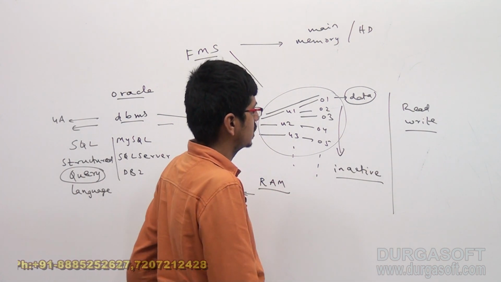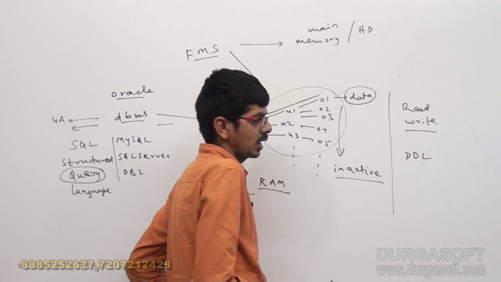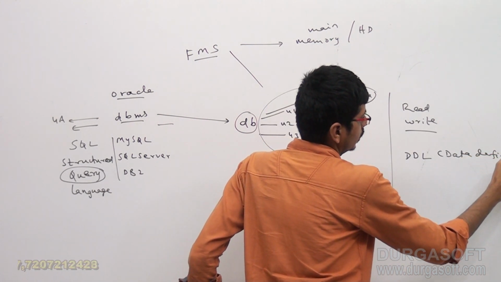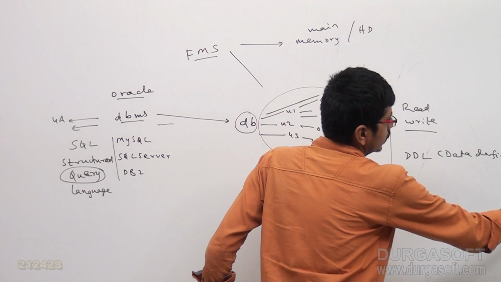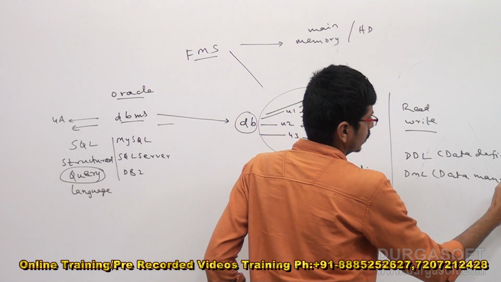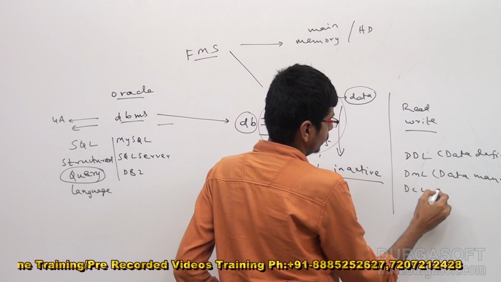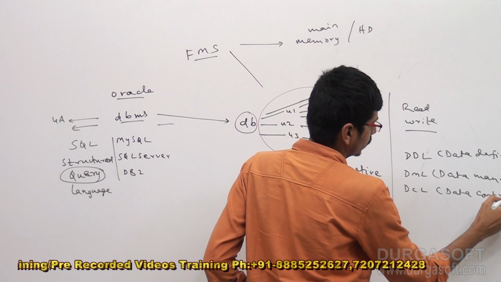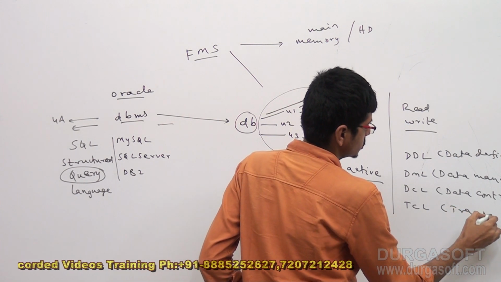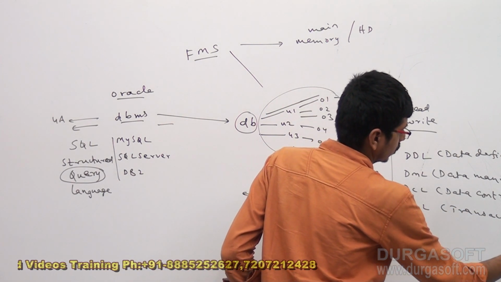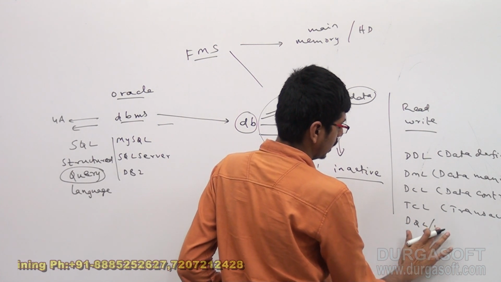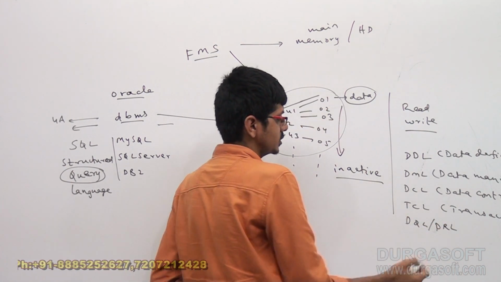These read and write operations are again divided into other sub languages: DDL, data definition language; DML, data manipulation language; DCL, data control language; TCL, transaction control language; and the last is DQL or DRL, we can say data query language or data retrieval language.